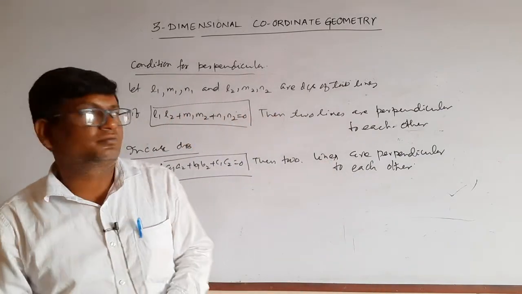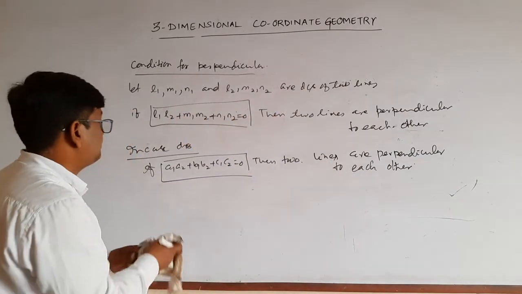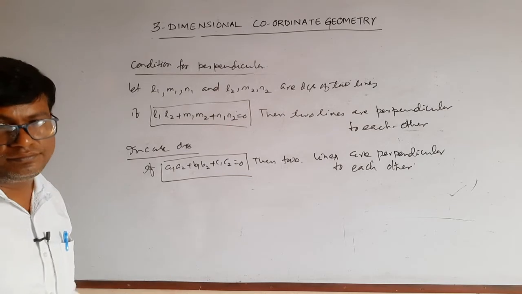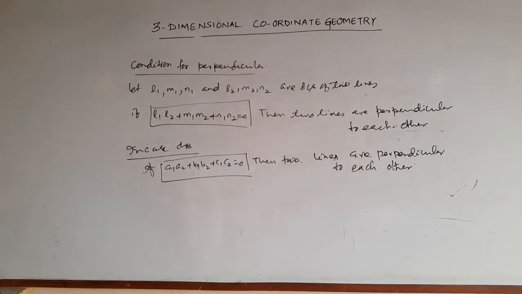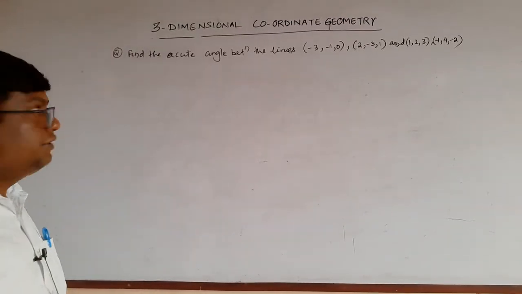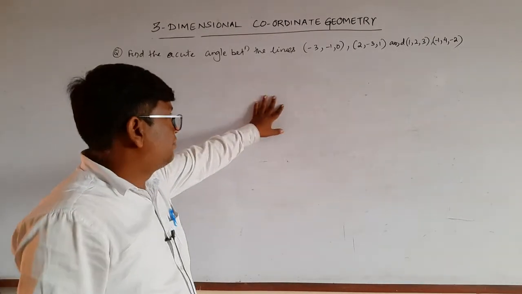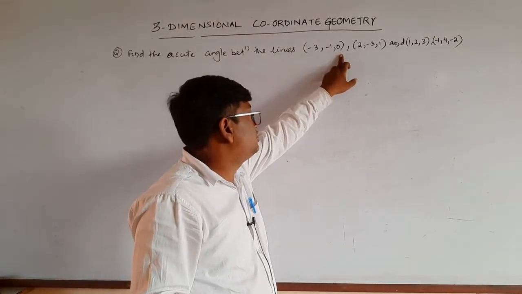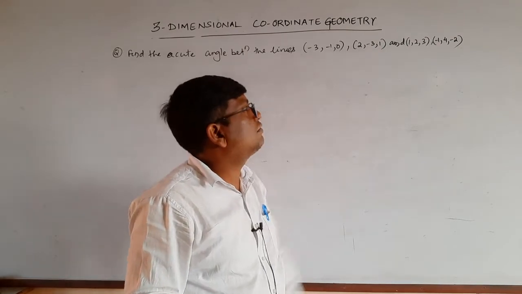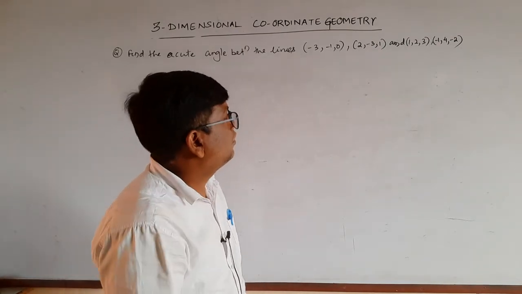Now some questions related to this concept. Find the acute angle between the two lines joining the points (-3, -1, 0) and (2, -3, 1), and (1, 2, 3) and (-1, 4, -2).